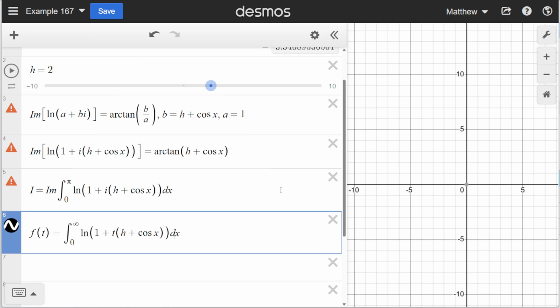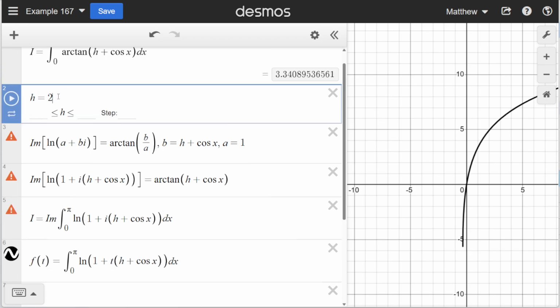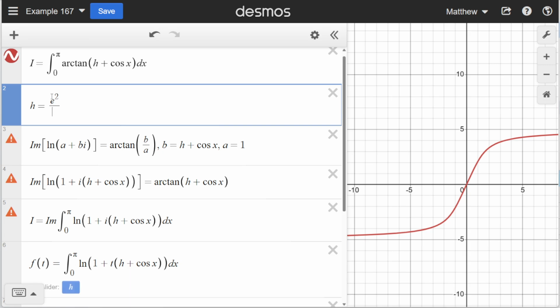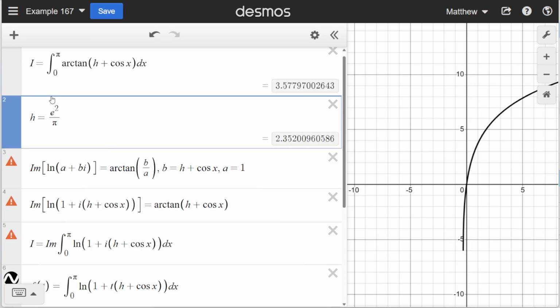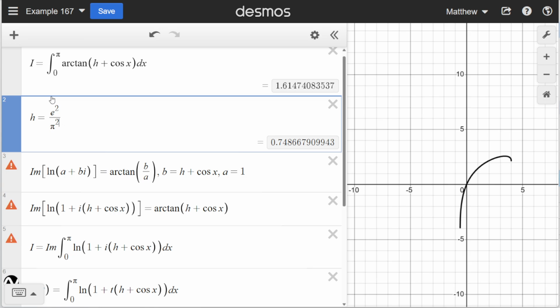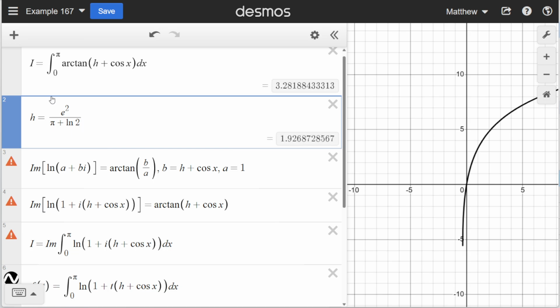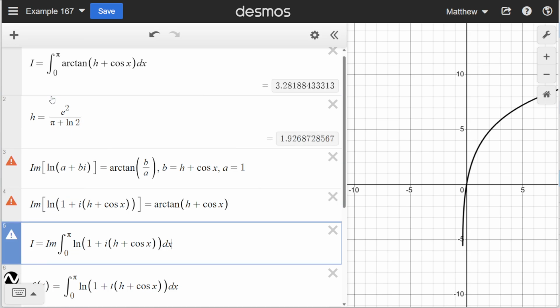Oh, because I put in bounds of integration going to infinity. There we go. Let's put back in our nasty value for h. Let's do e squared divided by pi squared of just pi plus natural log 2. There we go. So that's a really nasty value.